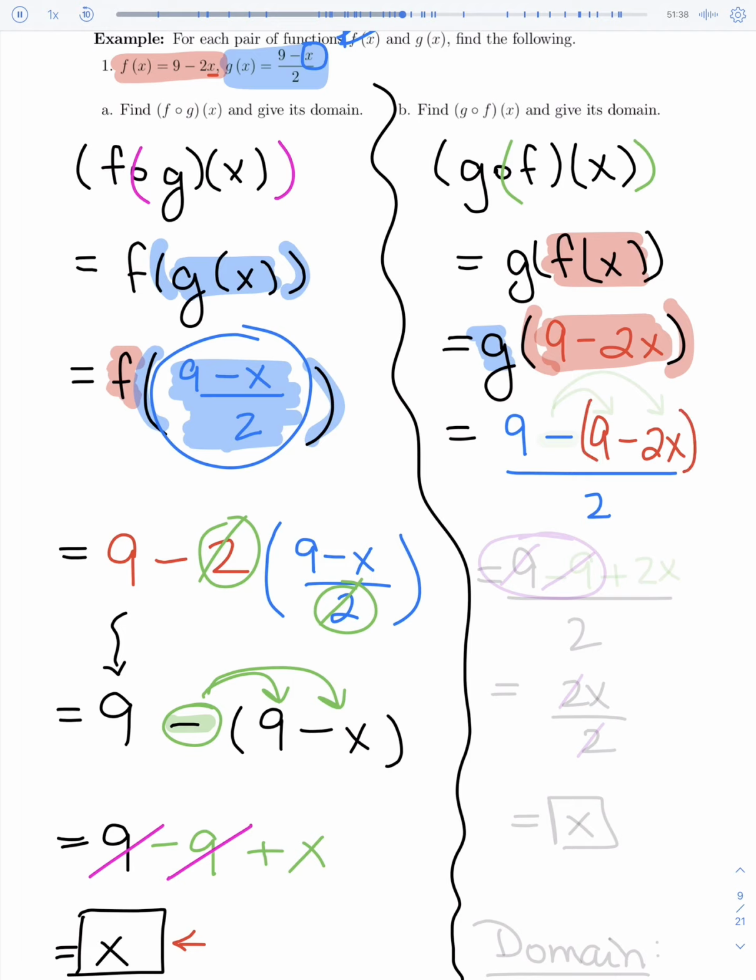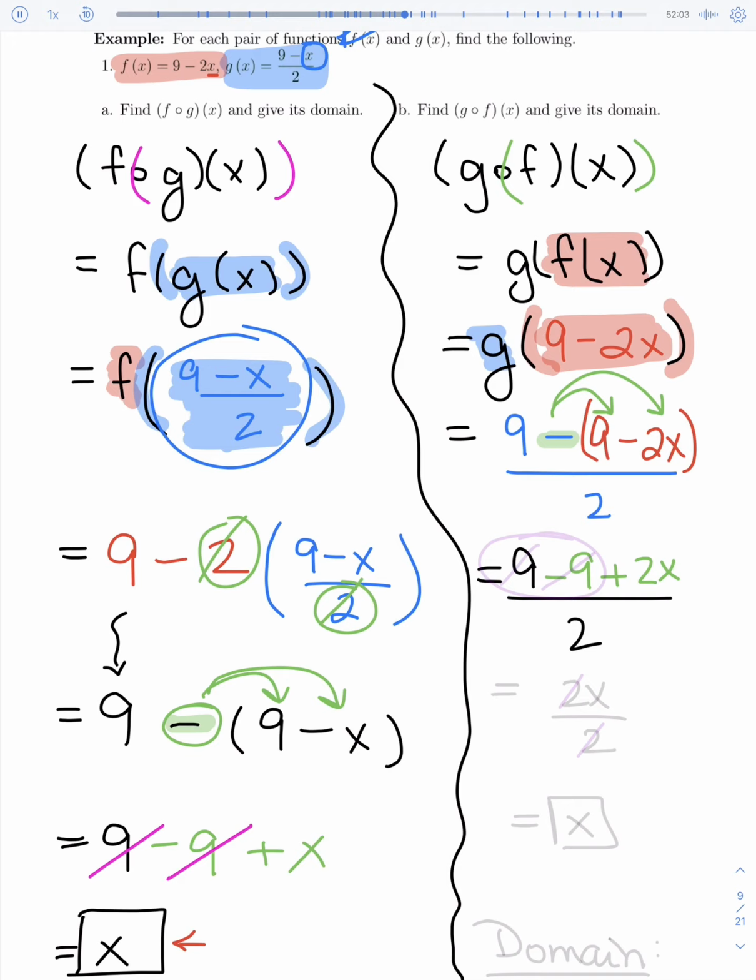Now I just need to be careful that I'm following my order of operations, which tells me I need to get rid of those parentheses first by distributing that minus sign. So I'll leave my 9 and my 2. I will distribute my minus sign to everything on the inside, which will give me a negative 9 plus 2x.